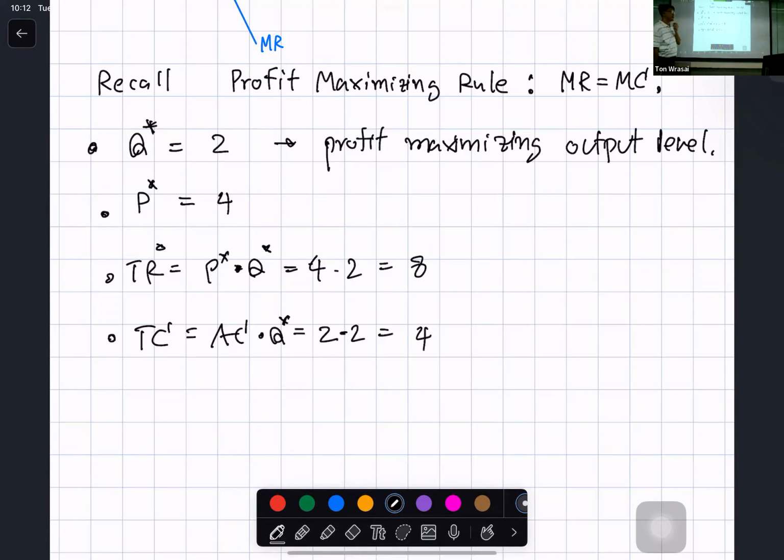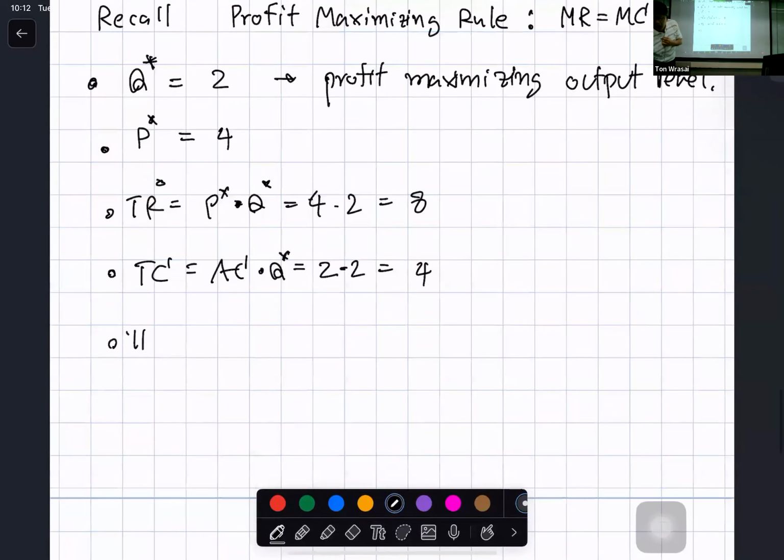So total cost is 4 baht. Once we got total revenue and total cost, we can find profit. Profit is equal to 4.